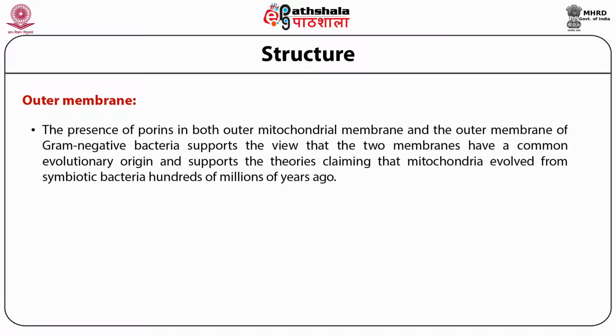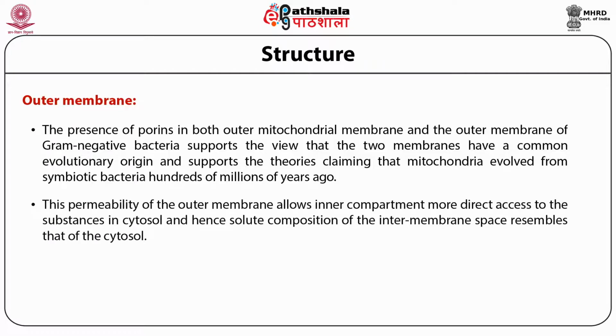The presence of porins in both the outer mitochondrial membrane and the outer membrane of gram-negative bacteria supports the view that the two membranes have a common evolutionary origin, and supports the theories claiming that mitochondria evolved from symbiotic bacteria hundreds of millions of years ago.